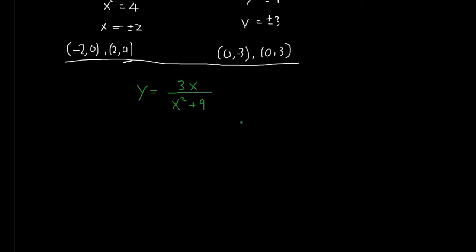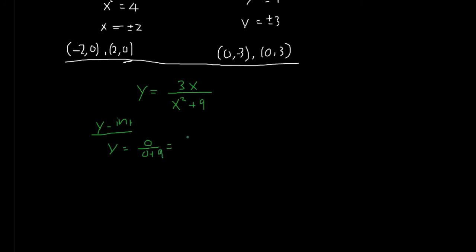Next one, y equal 3x over x squared plus 9. First, the y-intercept. How do we find the y-intercept? As usual, we plug in x equal 0. So y equal, here 3x is 0, divided by x to power 2, which is 0, plus 9.